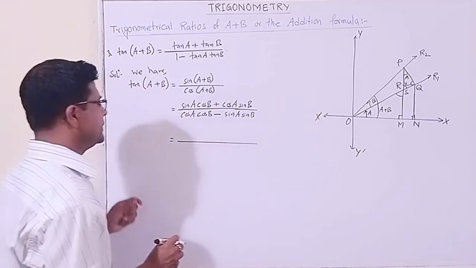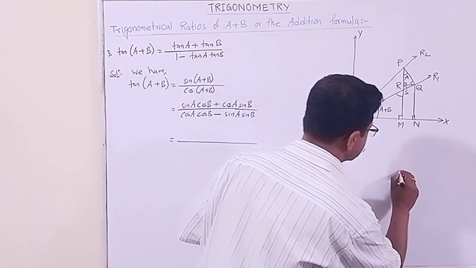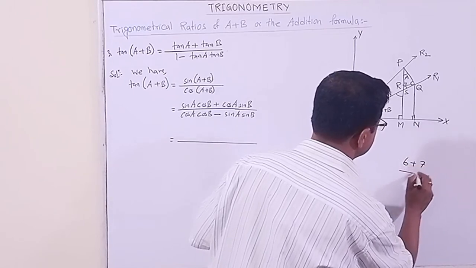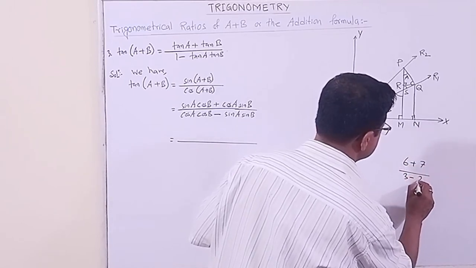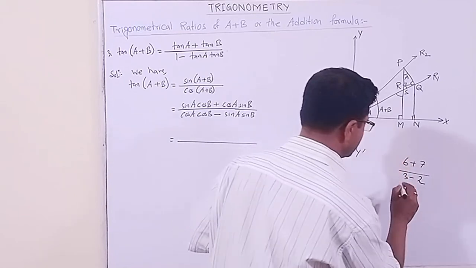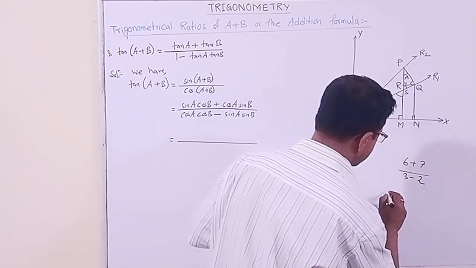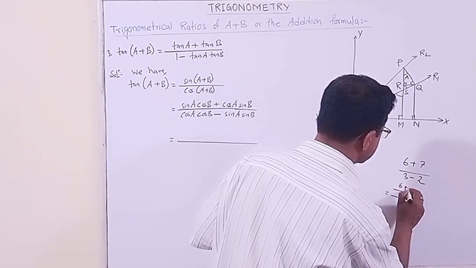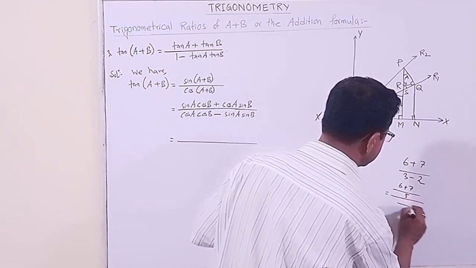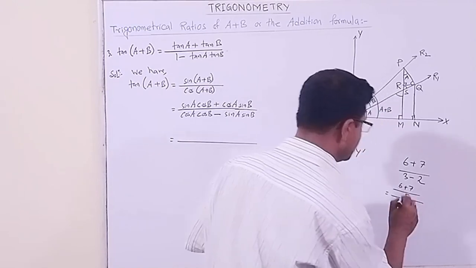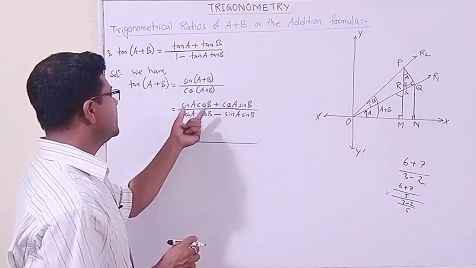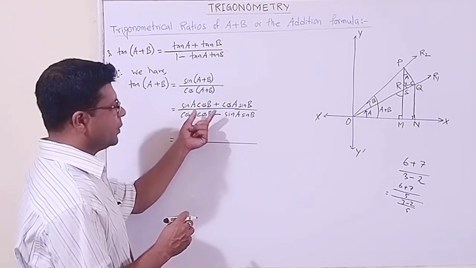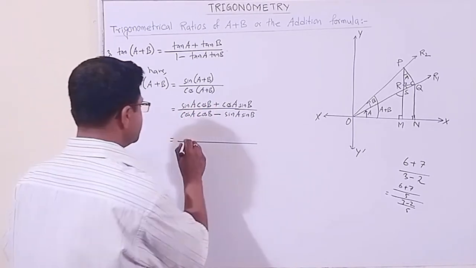Now what do we do? Suppose it is like this: 6 plus 7 divided by 3 minus 2. Suppose we have taken any arbitrary numbers. We can divide both numerator and denominator by, suppose, 5. What we will do is divide each numerator and denominator by the term cos a cos b.